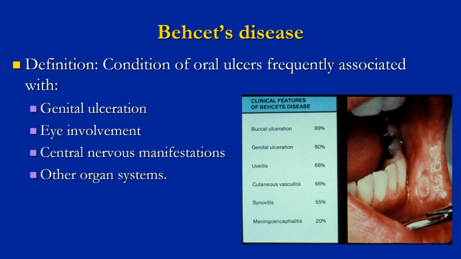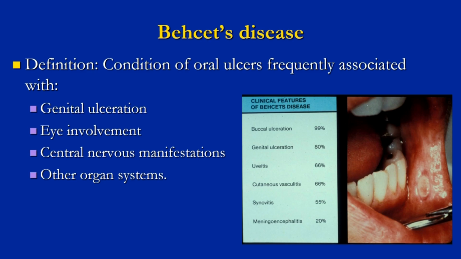Basically, Behcet's is a condition where there's oral ulcerations frequently associated with genital ulcerations, eye involvement, central nervous system manifestations, and there can be manifestations in other organs also.